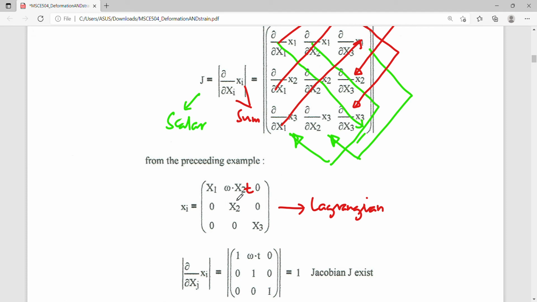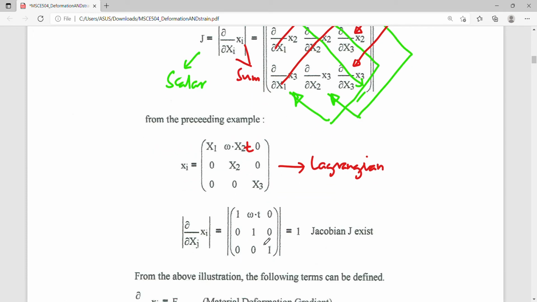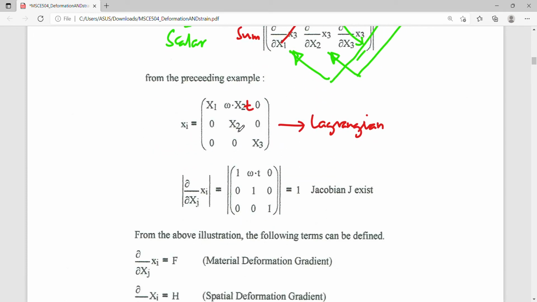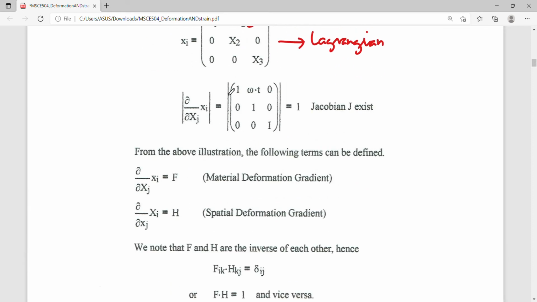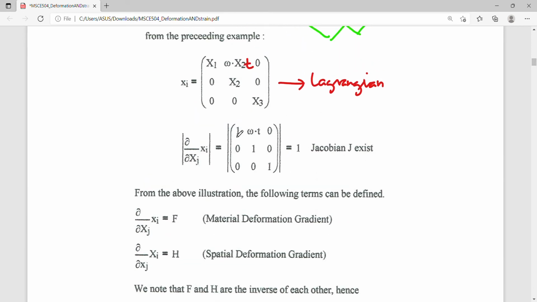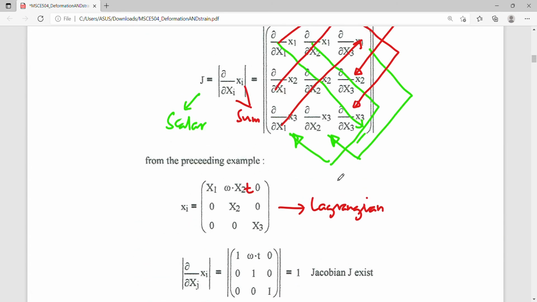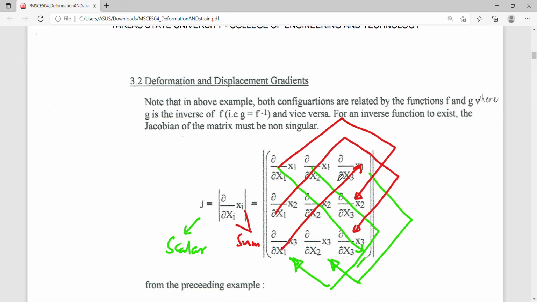And of course, since these are all zero, so this must also be 0. And taking the determinant of this Lagrangian derivatives matrix, we get a value equivalent to positive 1.